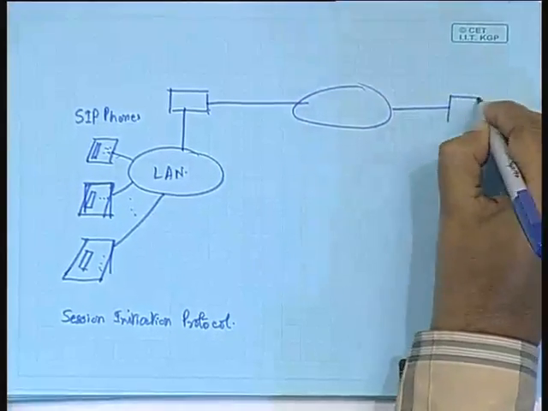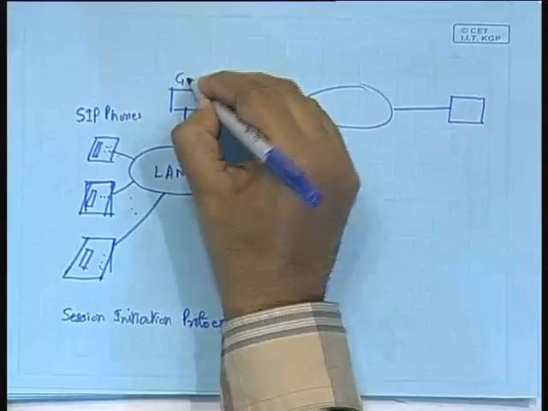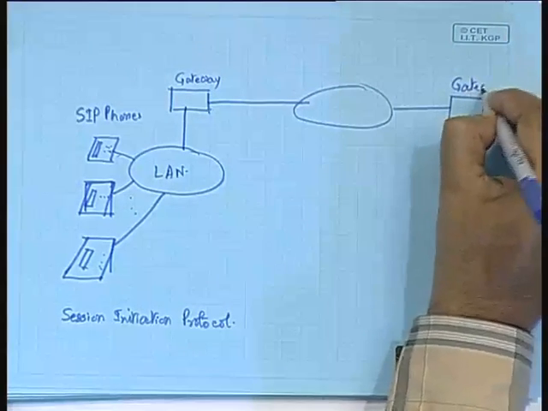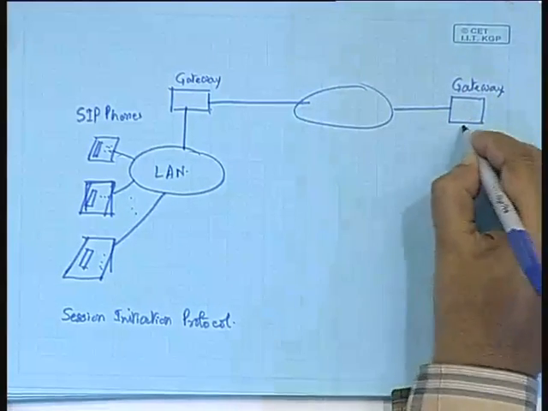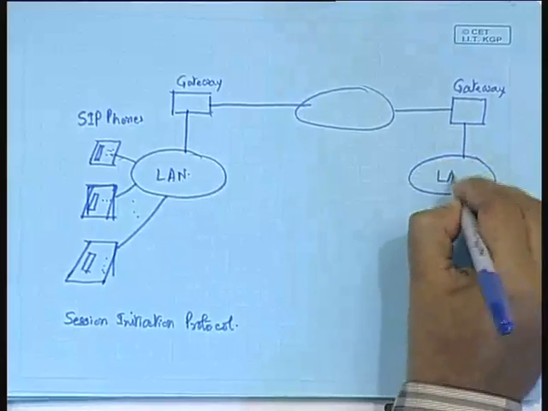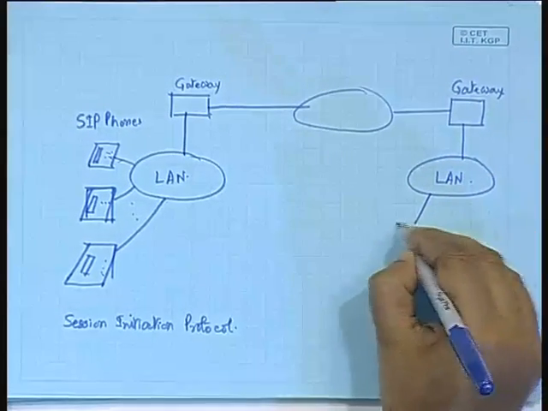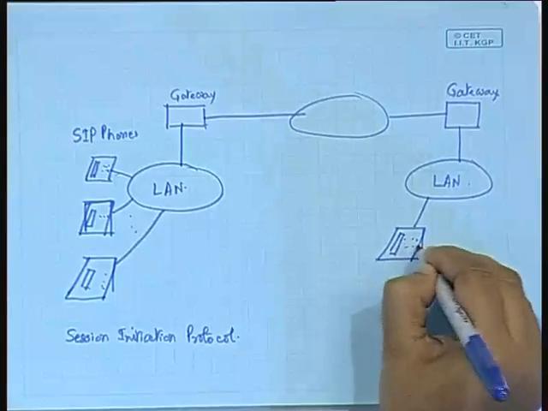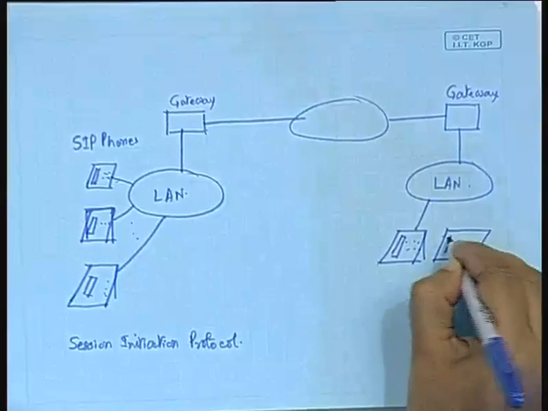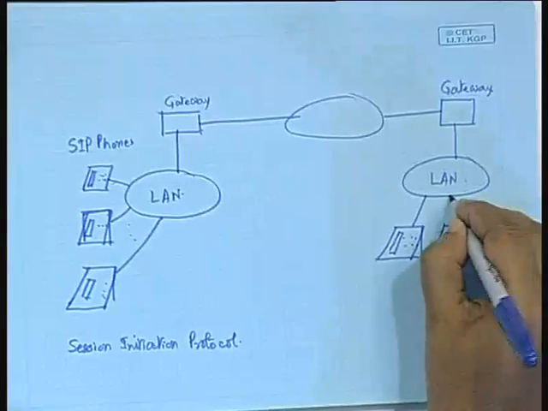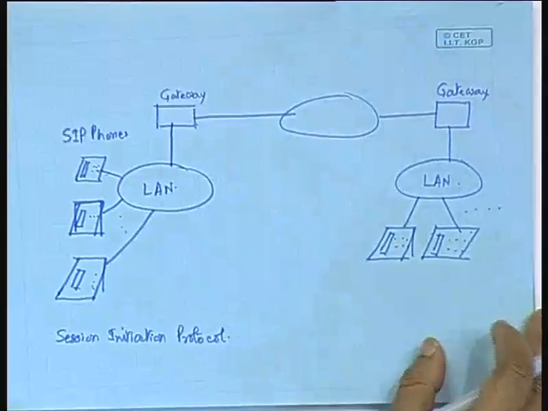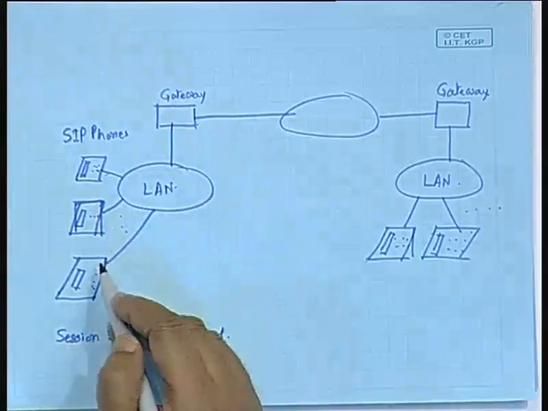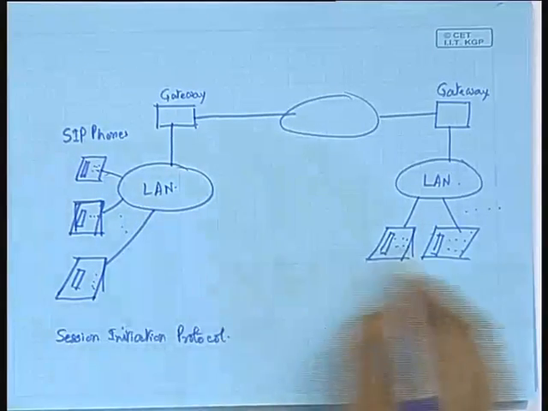Then you can have a gateway over here. So, this is a gateway, this is another gateway, and then you can have a LAN at this end, and to this LAN you can connect the IP phones. Another set of IP phones could be connected to this LAN. Now, what one can do is communicate between this end and this end.